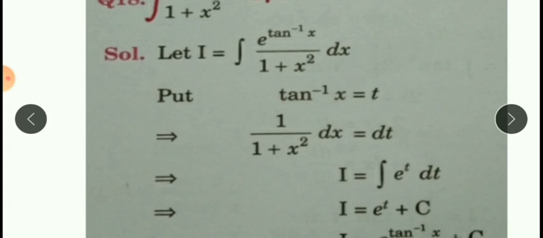You know that differentiation of tan inverse x is 1 upon 1 plus x square, so dx as usual is equal to dt. Substitute here in this question. Integration 1 upon 1 plus x square dx is dt.